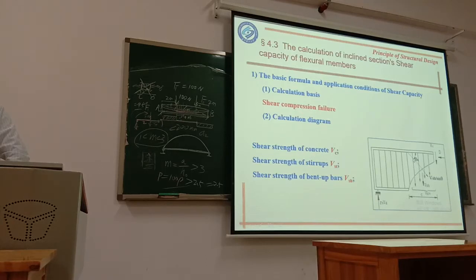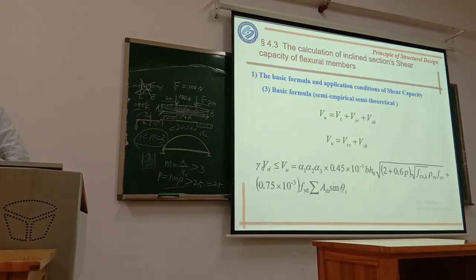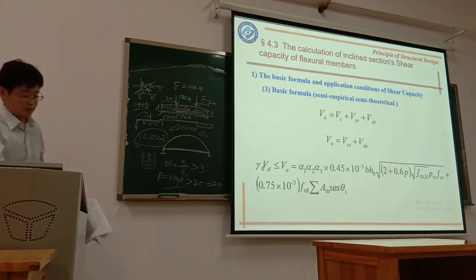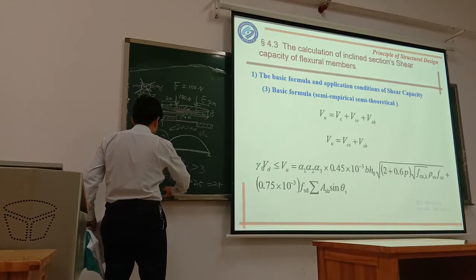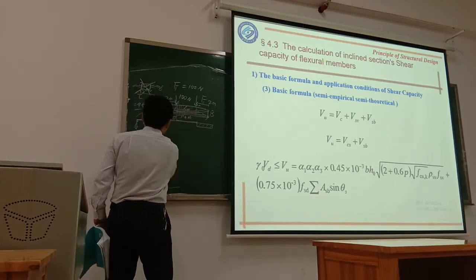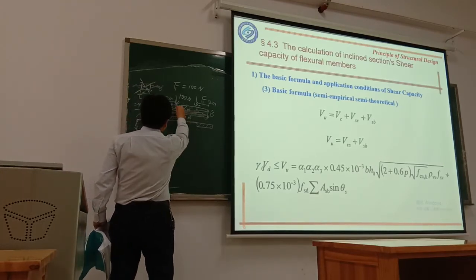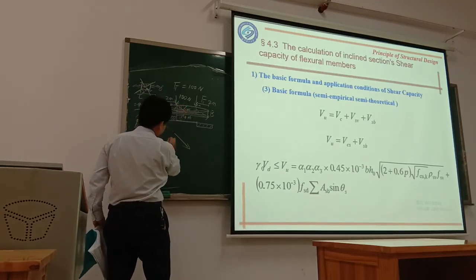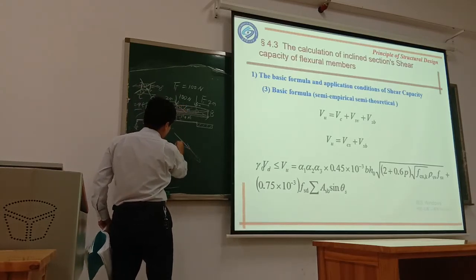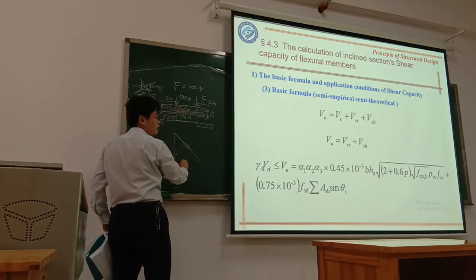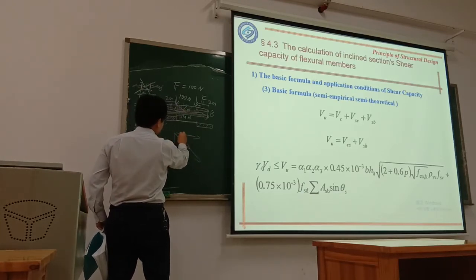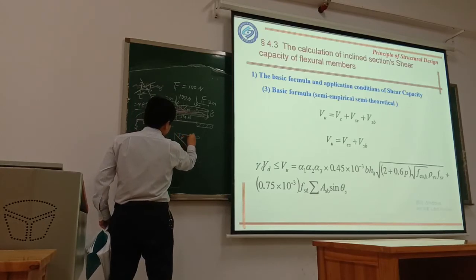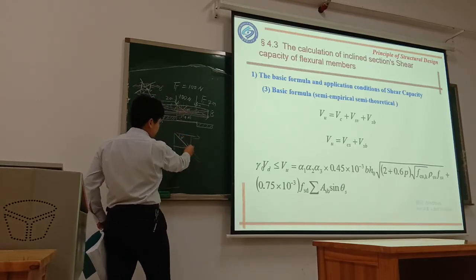Then in this equation, we get the sin theta. The force in the bend-up reinforcement is in this direction, but our shear force is in the vertical direction, so we need to decompose this force.